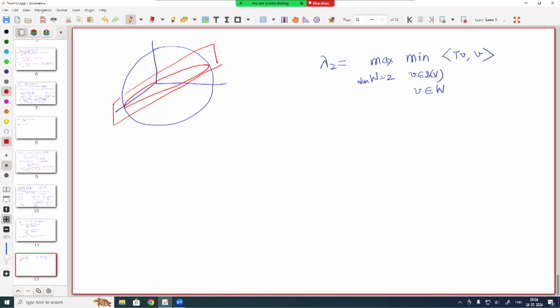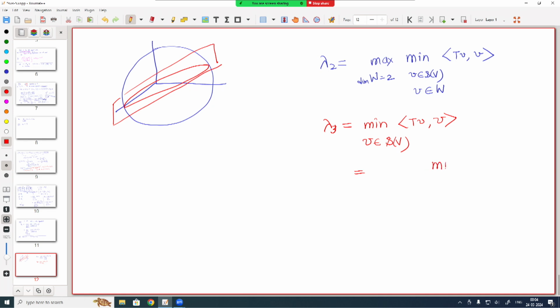What I am now doing is saying the following. Lambda 1 itself, or lambda 3, is obtained as follows. What is lambda 3? It is just the minimum of this number over the whole sphere, the smallest eigenvalue. So, I am just finding the minimum on the whole sphere. That is like saying, let me do it in 2 steps.